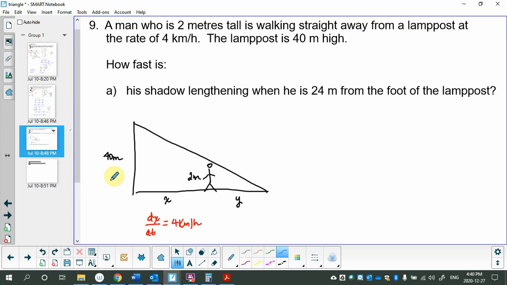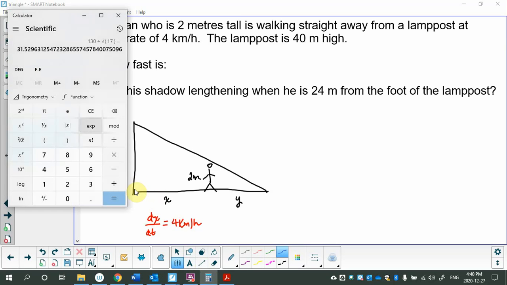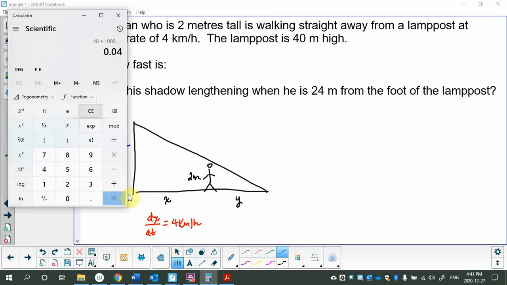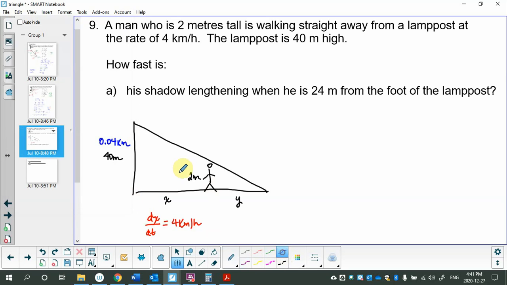So how many meters in a kilometer? That's 1,000. I'm double checking because I'm on holiday. So 40 divided by 1,000 is 0.04 kilometers. And 2 meters divided by, yes, I should be able to do this in my head. And I should be able to retain numbers better than this.